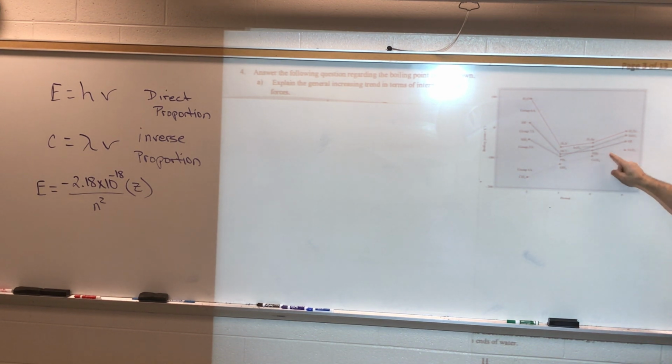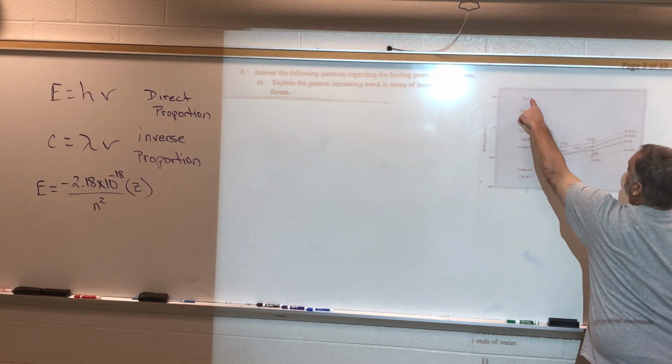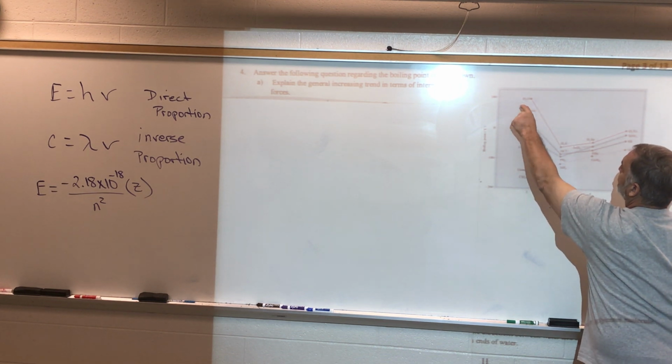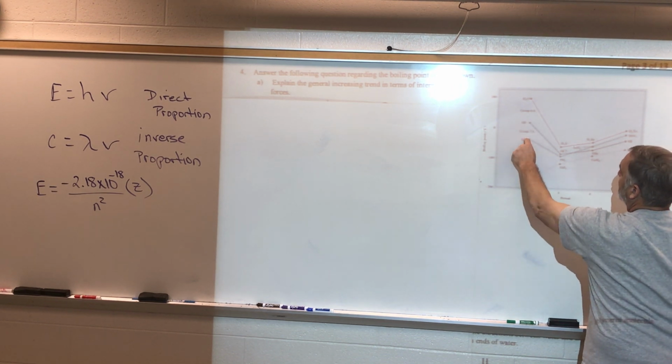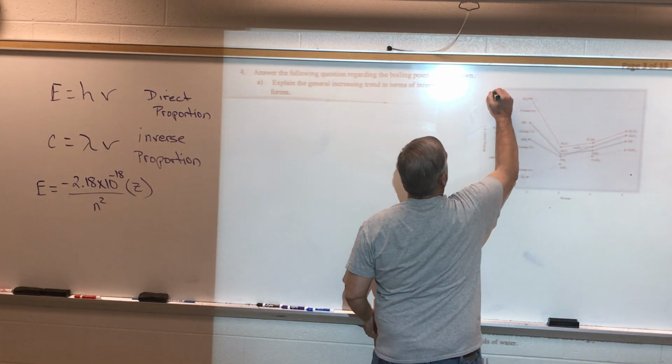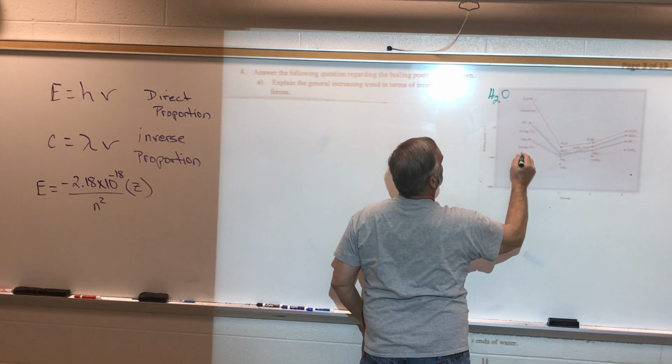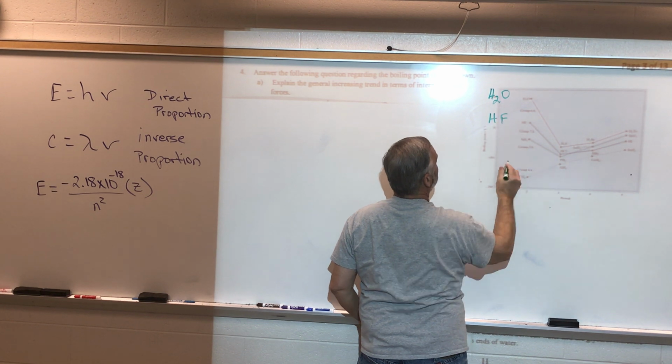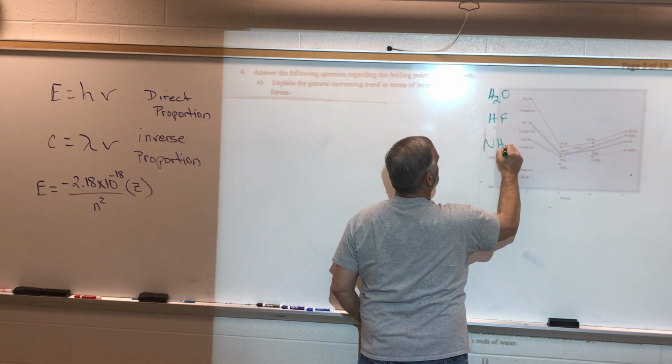The boiling points are increasing. However, we have some anomalies up here: water, HF, and NH3. Well, water, H2O, HF, and NH3.